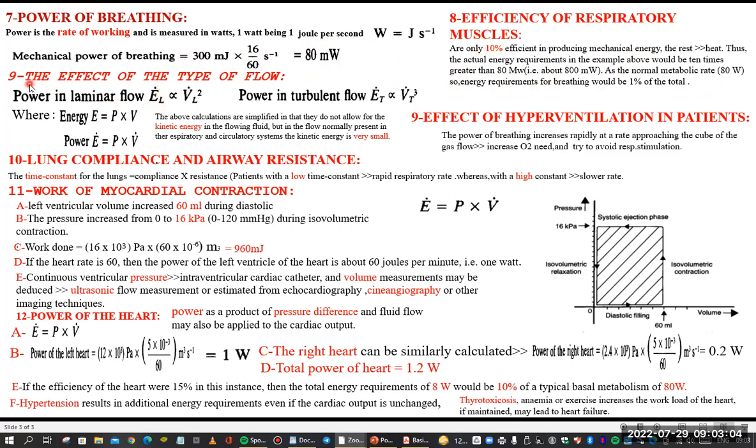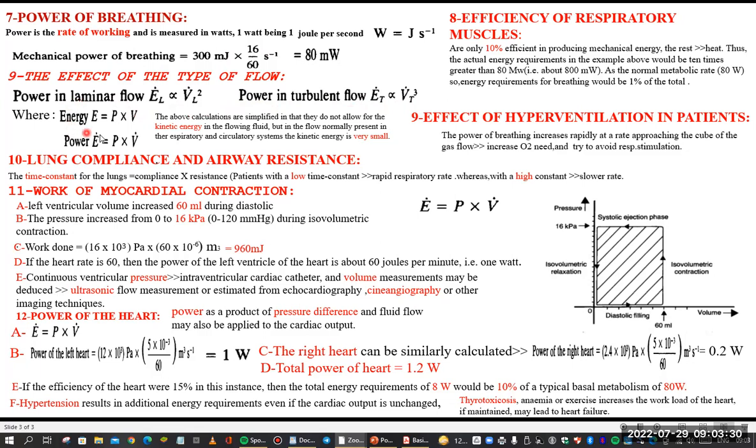Of course, point 9 will discuss the power of laminar flow and the power of turbulent flow. You see, the power is represented by E dot, and this is laminar and this is turbulent. One is correlated to the square of the flow, and the other one is correlated to the cube of the flow.